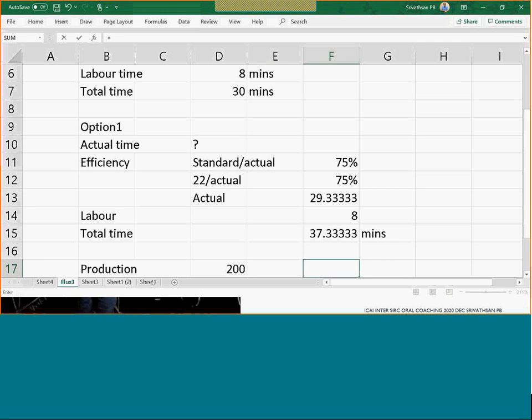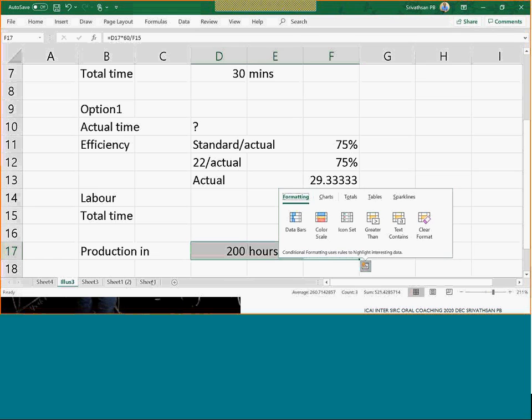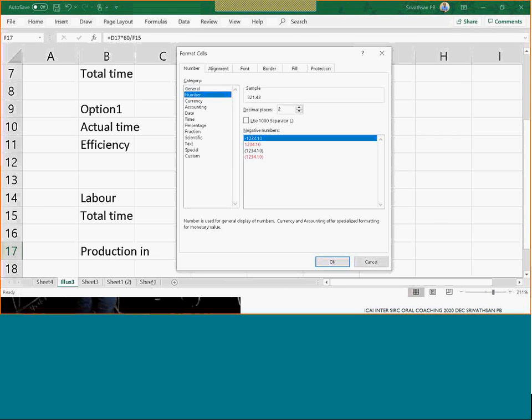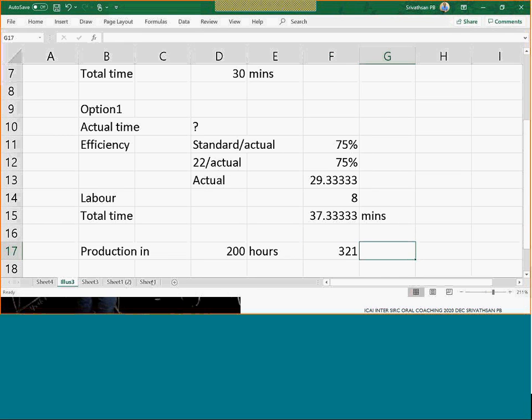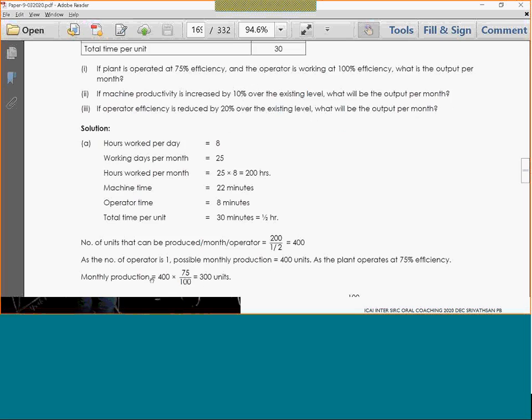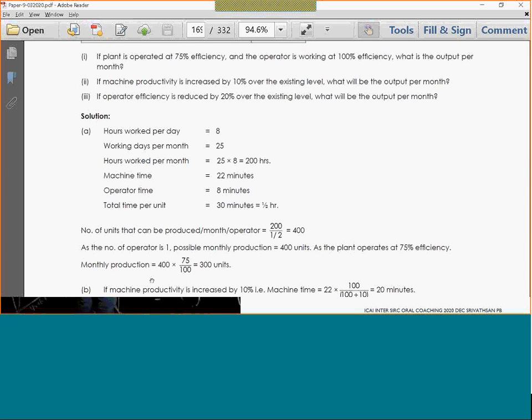So option will be 260 minutes divided by, sorry, I should be producing 321 units, but it is different here.